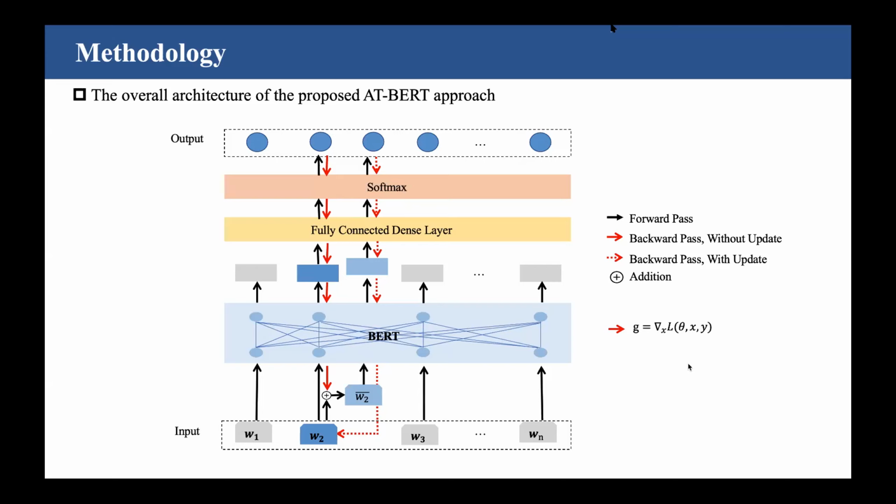The purpose is to obtain the perturbation gradient, so the parameters will not be updated in the first step. The second step is to use the gradient obtained from the backpropagation in the first step to generate adversarial samples. The red dashed line indicates the backward propagation that will update the parameters.